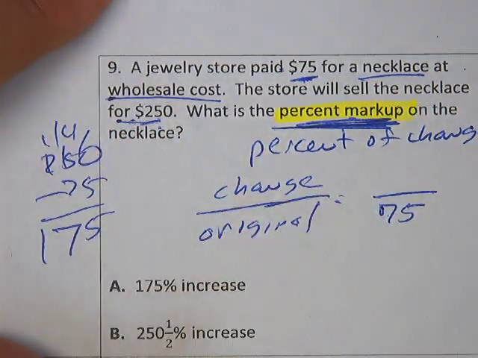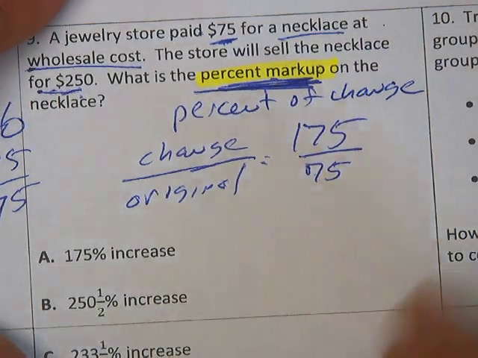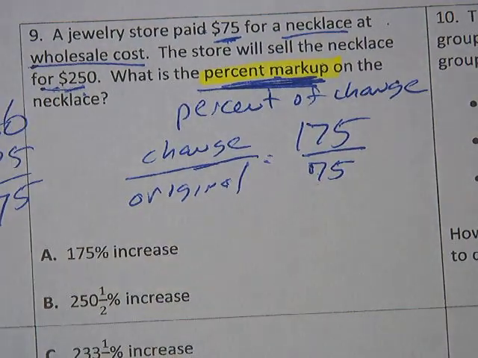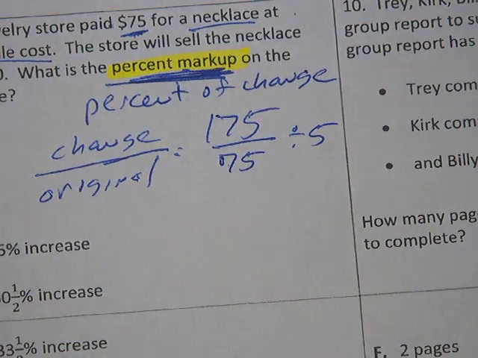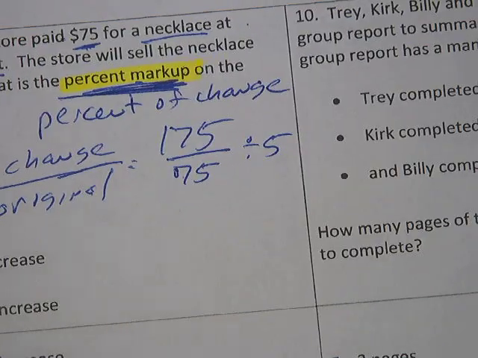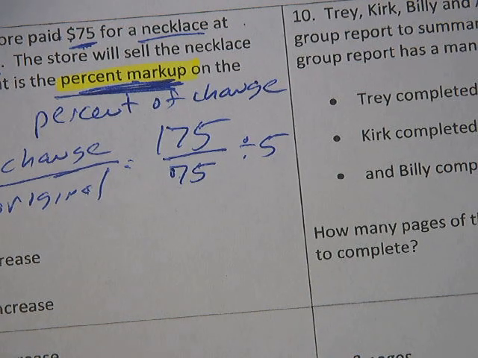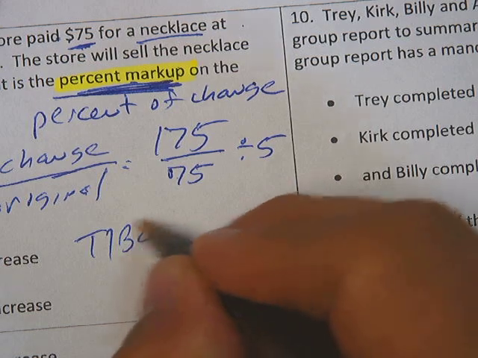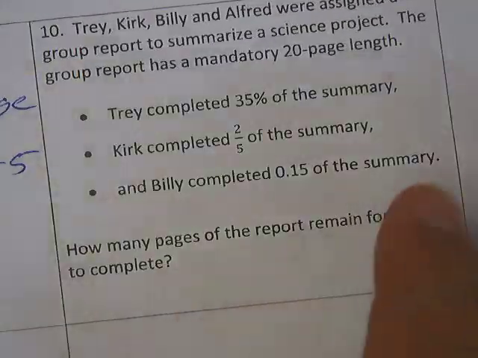They raised it to this, but that's not how much they actually raised the price. They actually raised the price the difference between these two. They sold it for 250, but how much did they raise the price? Well, it was at 75, and so it went to 250, so I can just subtract these two, and I'll know how much it went up.